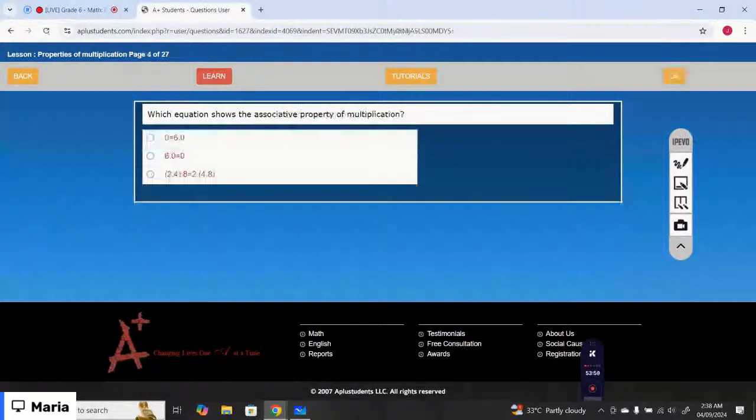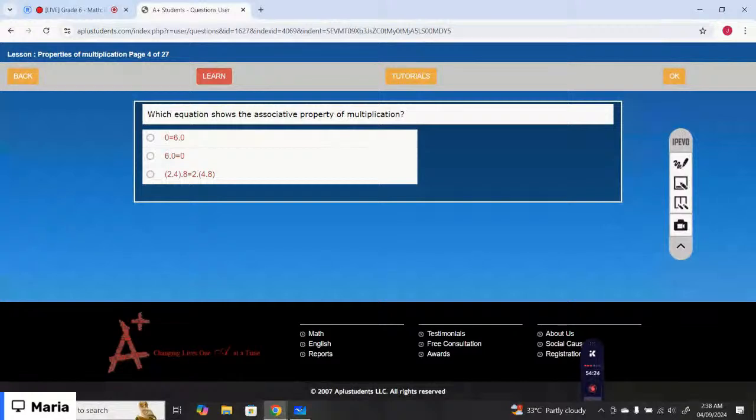Identity property only for, can you please write your question again? For multiplication, the identity property involves 1 because 1 times any number is the same number, right?